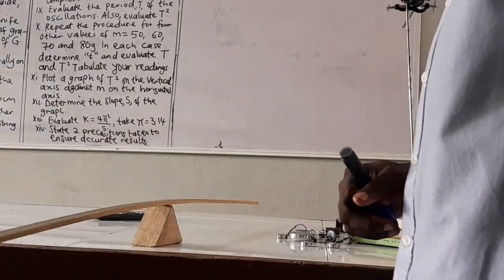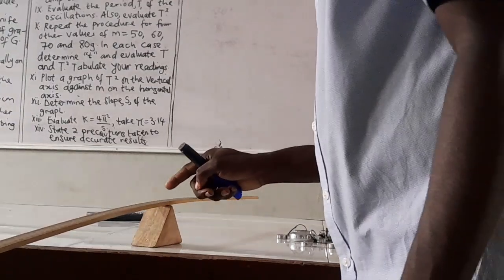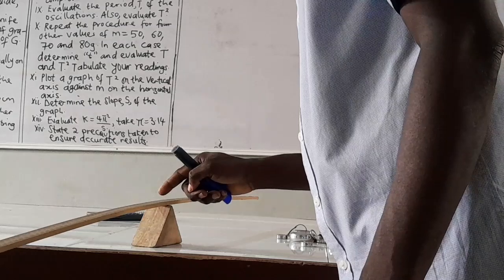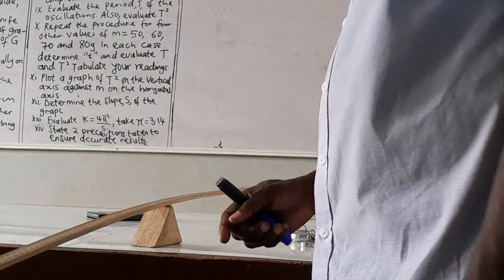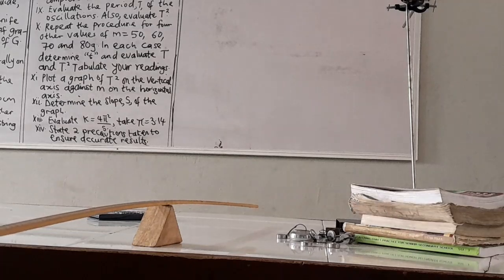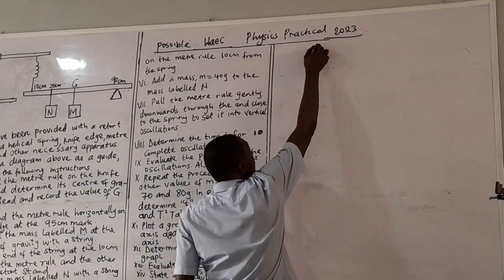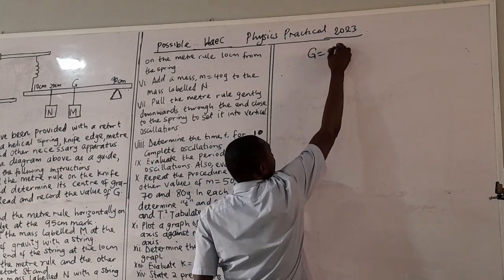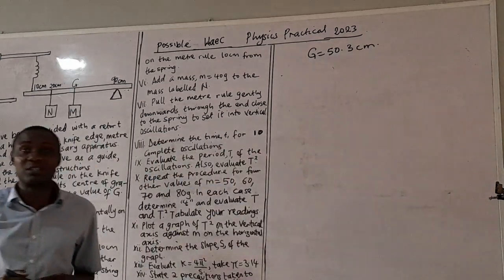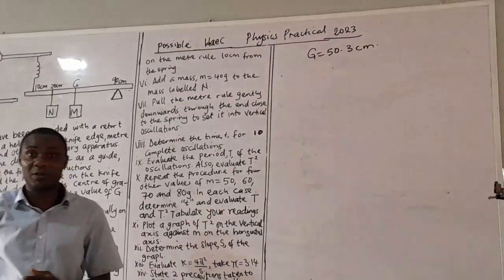So my knife edge balances at 50.1, 50.2, 50.3. That is my balance point. So I'll record that on the board. So G is equal to 50.3 cm. That's my G. So I'll have to note that throughout the experiment.